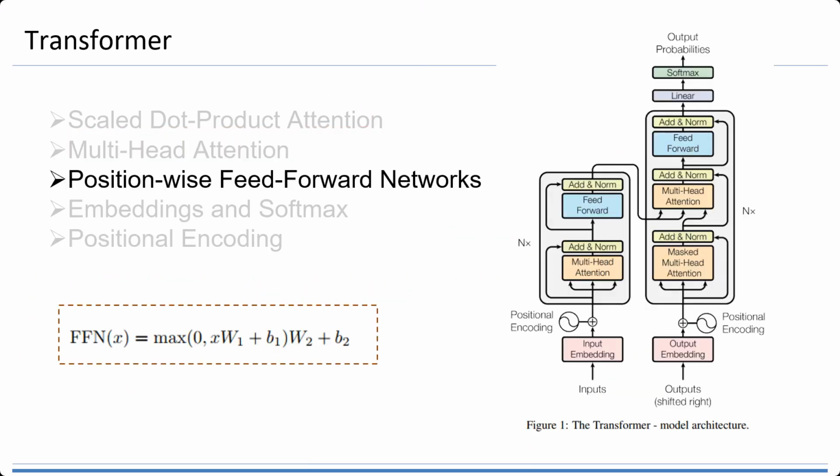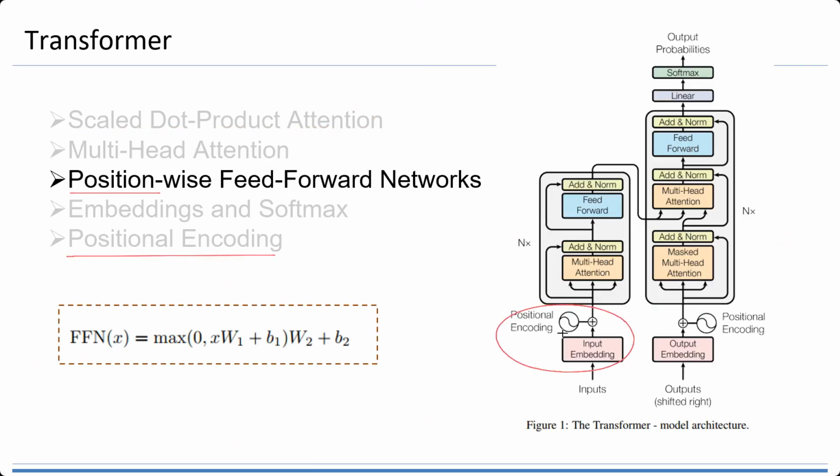Position-wise feed-forward neural network. If we are dealing with the position, it means we need to understand the index. Where is the position of the word? That's why we will apply the positional encoding. We will take a look at it later.